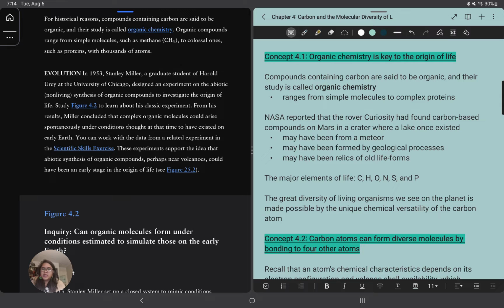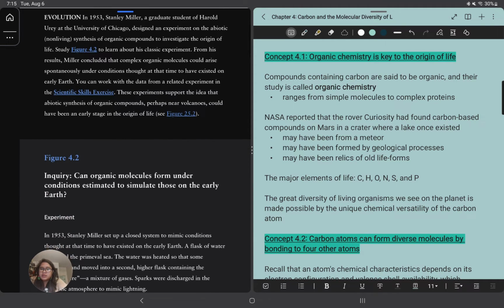Evolution. In 1953, Stanley Miller, a graduate student of Harold Urey at the University of Chicago, designed an experiment on the abiotic, non-living synthesis of organic compounds to investigate the origin of life. Study Figure 4.2 to learn about his classic experiment.